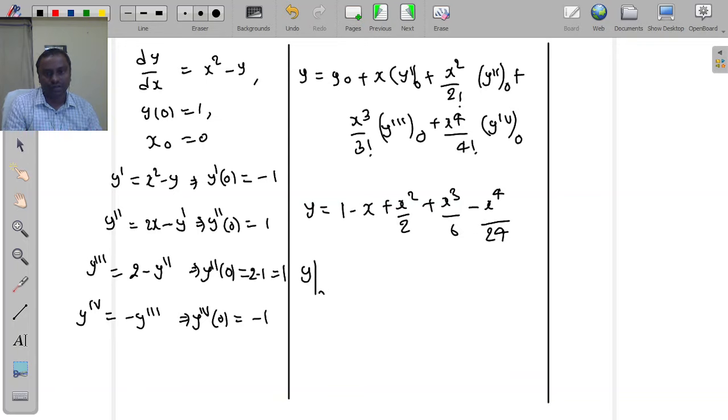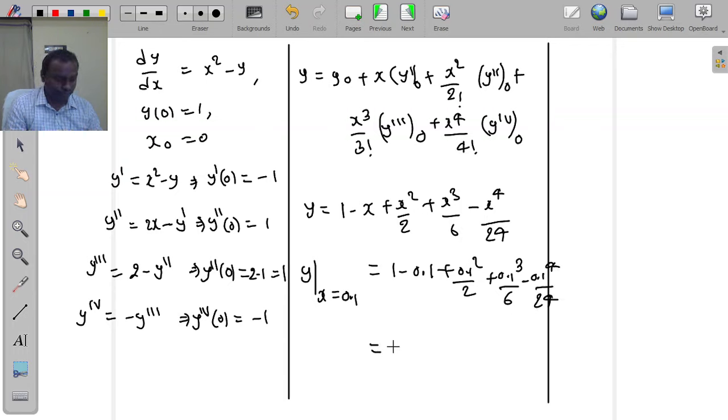Now we need y at x equal to 0.1, correct? Substitute 0.1: 0.1 plus 0.1 whole square by 2 plus 0.1 whole cube by 6 minus 0.1 whole raised to 4 by 24. Now when you substitute, y of 0.1 will become 0.9051708.